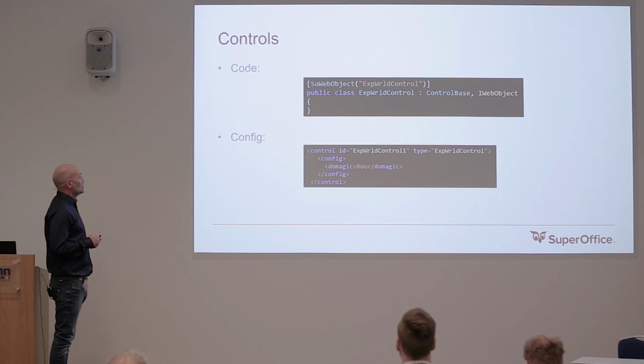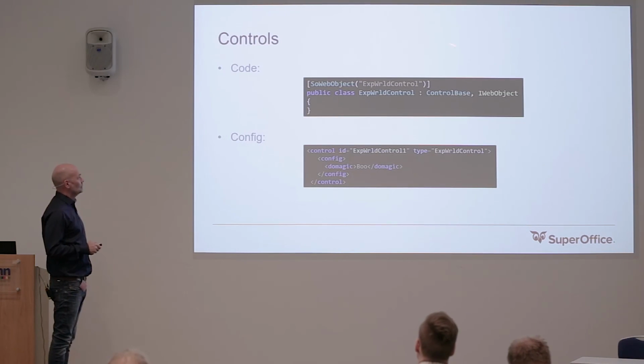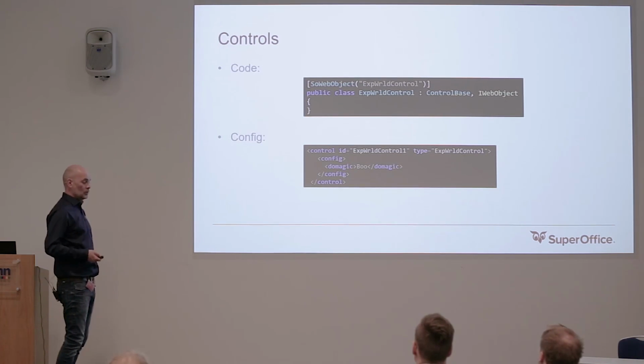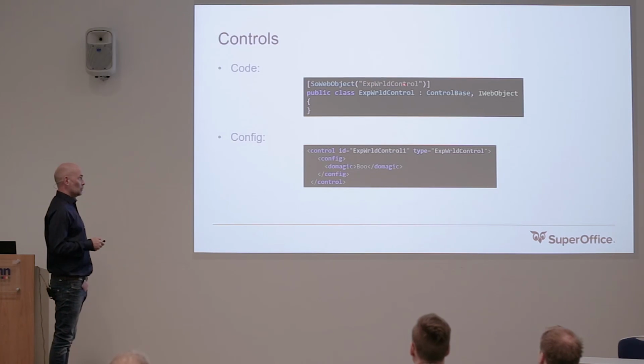An example of the code. You decorate it. This is the recommended way. You could also add it to the ObjectMapping config file, set the type as expandable control, and point to the assembly where it lives. This is easier.